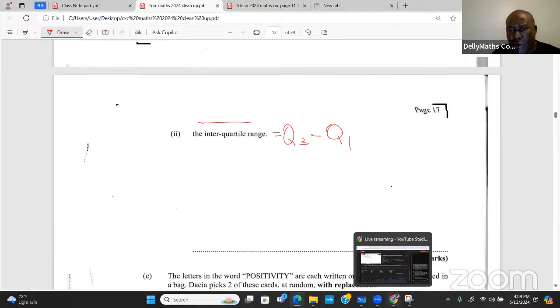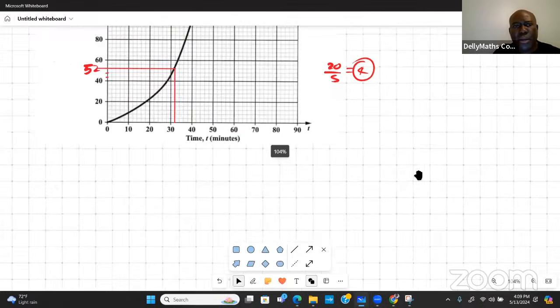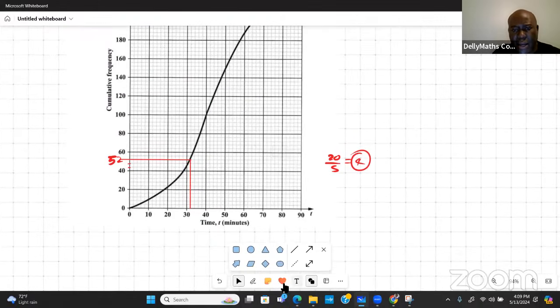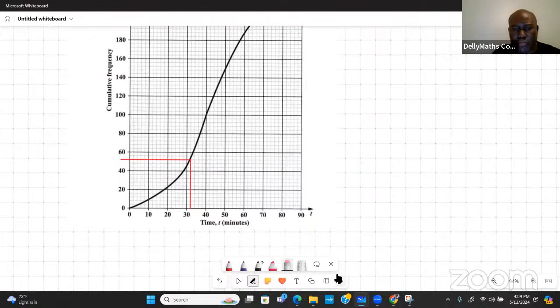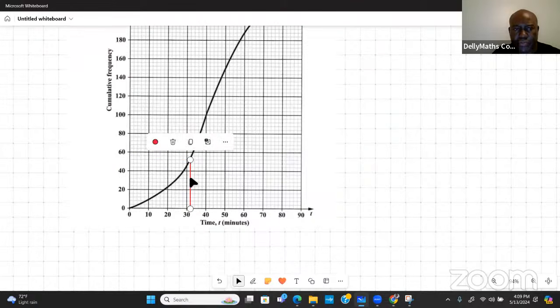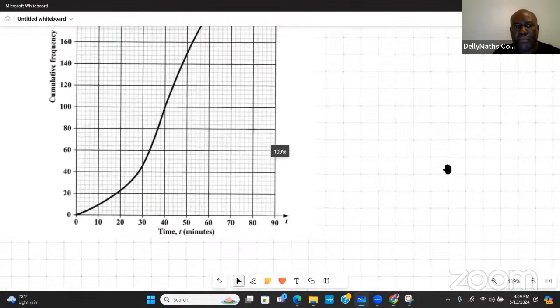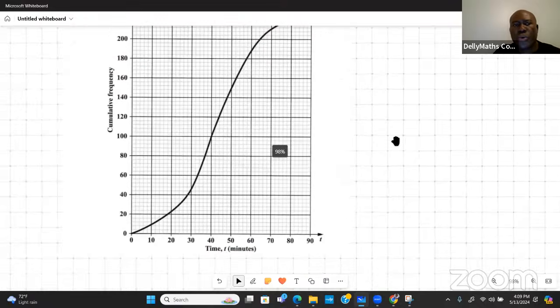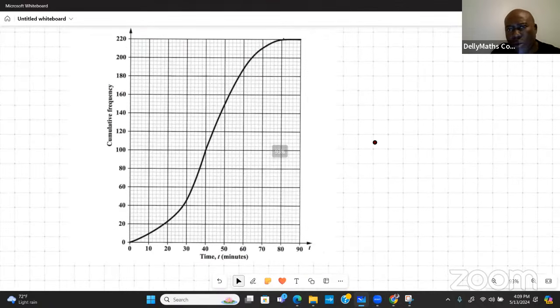Let me clear off these markings from the graph. All right. Remember, though, Q1 is 25% of your sample. So you want to find 25% of your sample.